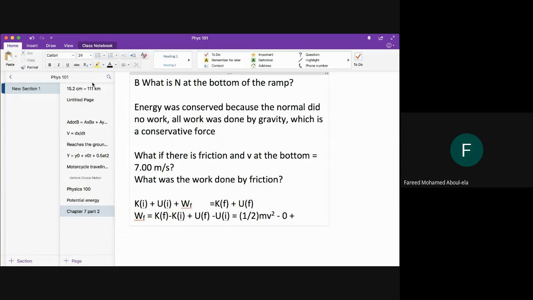And the final potential energy is 0. And the initial potential energy is mgh.